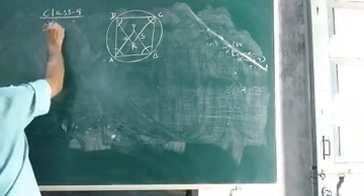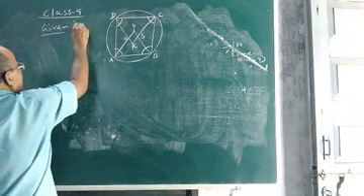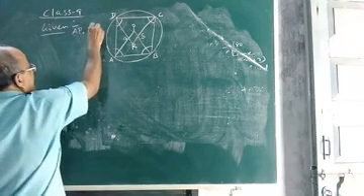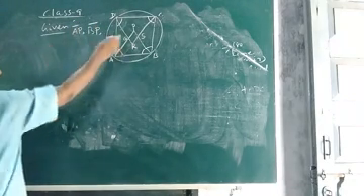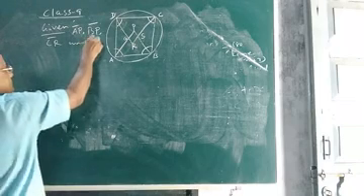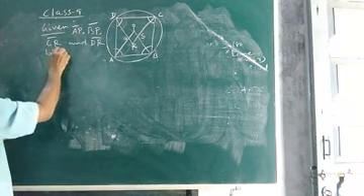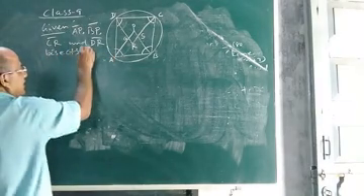Let me first write the given. What are you given? Suppose AP, BP, CR and DR bisect angles.